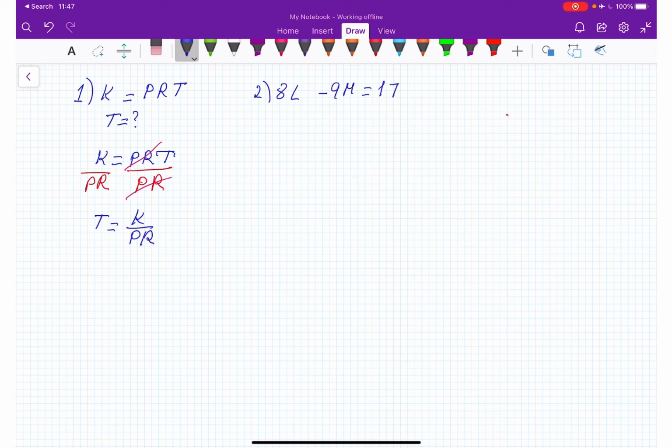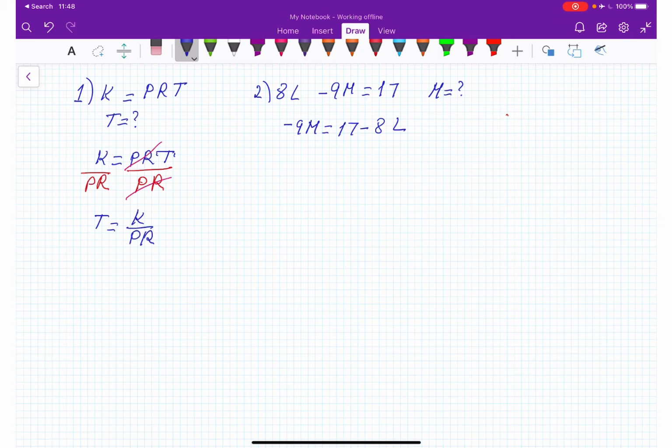So we need to solve for m. To solve for m, what am I going to do? Negative 9m is equal, moving 8L to the right side, so it's going to be 17 minus 8L.